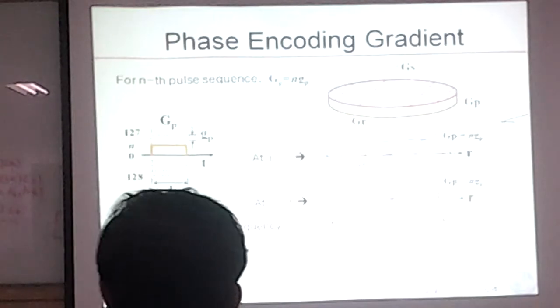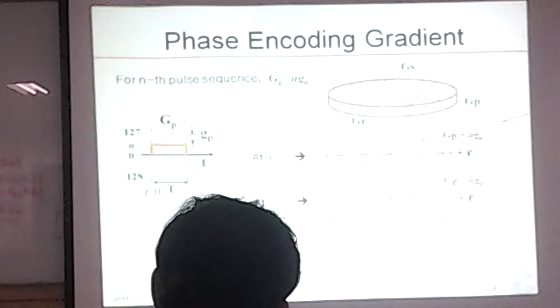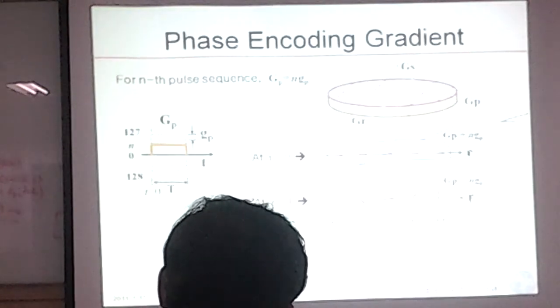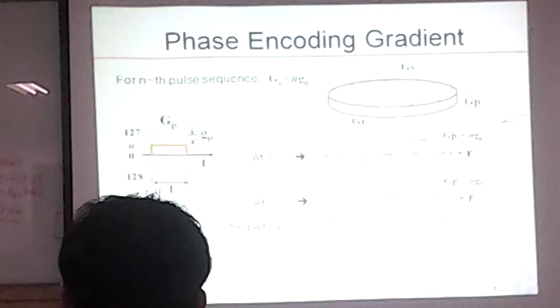In another example, we can apply the phase encoding gradient using the same gradient field strength, but by applying a varying pulse width like this. For the same magnetic field strength, we can apply the phase encoding gradient like this.